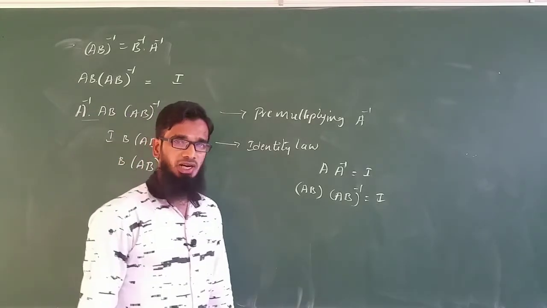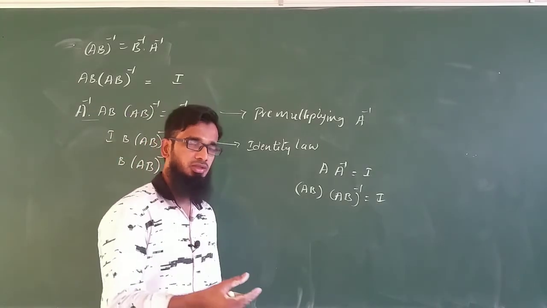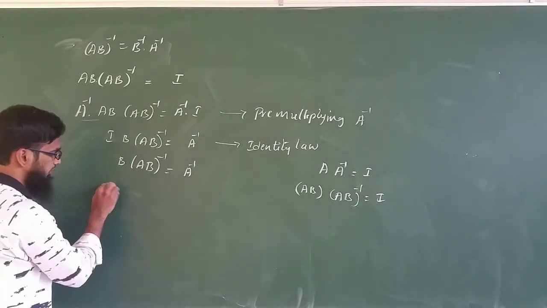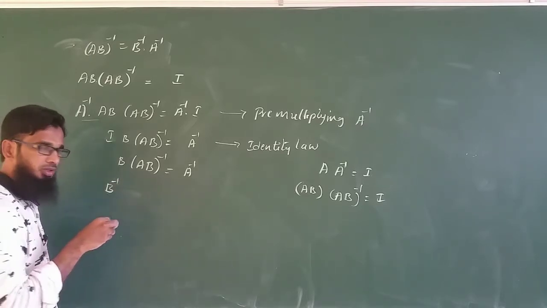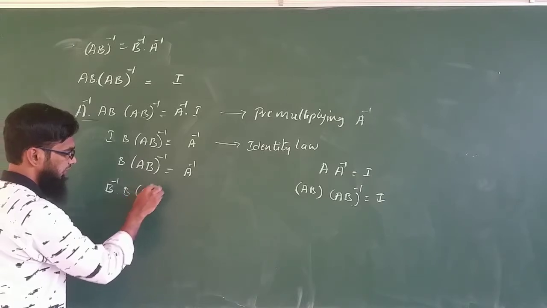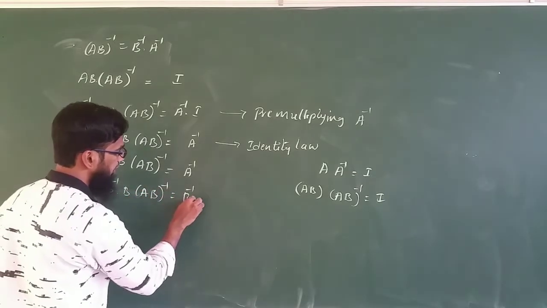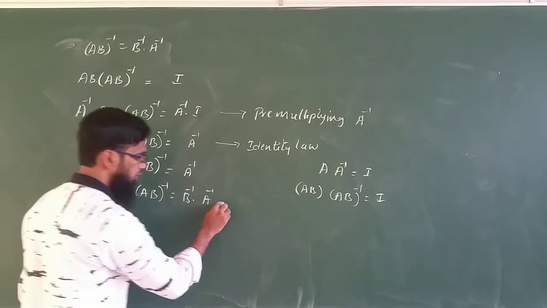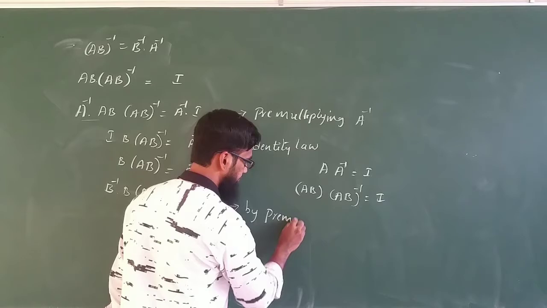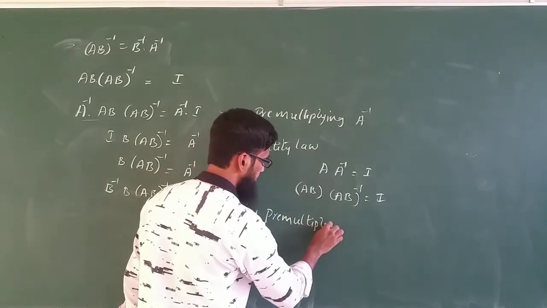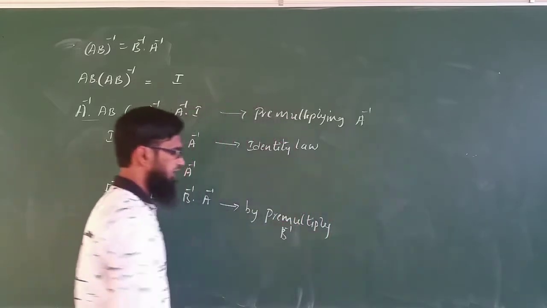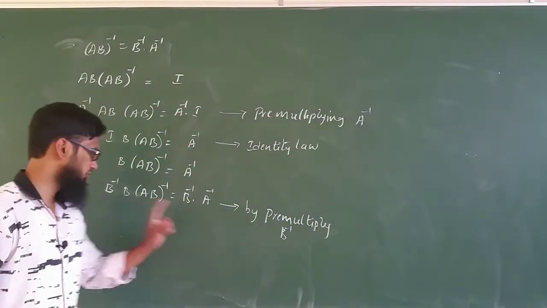Now the next thing is, I'll pre-multiply by B inverse on both sides. That is, I'll multiply B inverse on both sides at the starting point. So this is AB whole inverse is equal to B inverse A inverse. How have we got this? By pre-multiplying B inverse on both sides, at the initial point here.